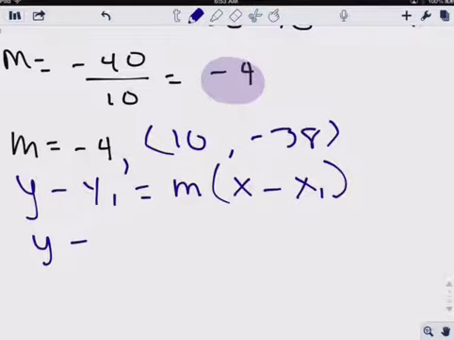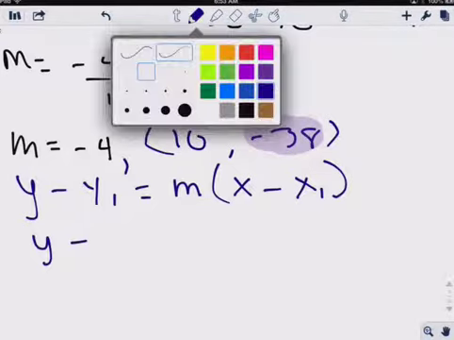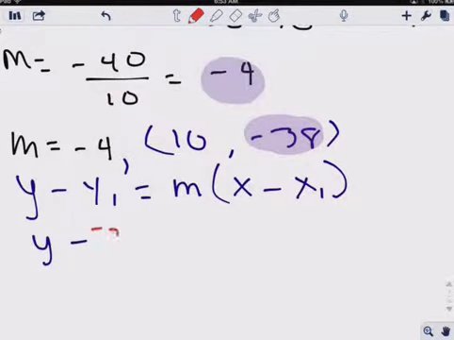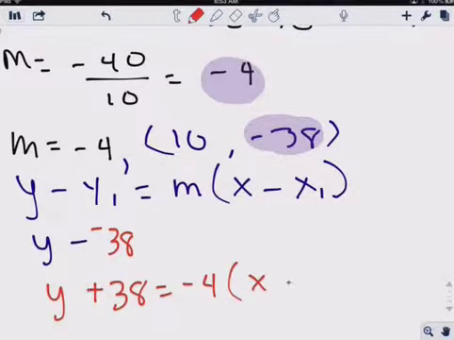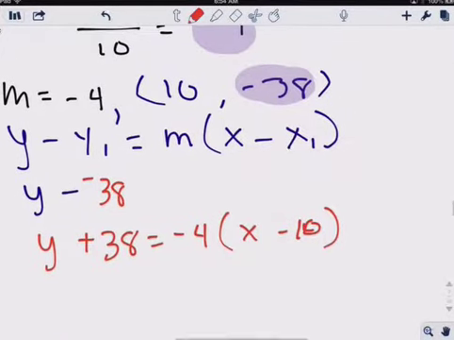This is a negative 38, so be careful on that. Change that to a positive 38, equals negative 4 parentheses x minus 10 there. Be careful, double negative makes a positive.